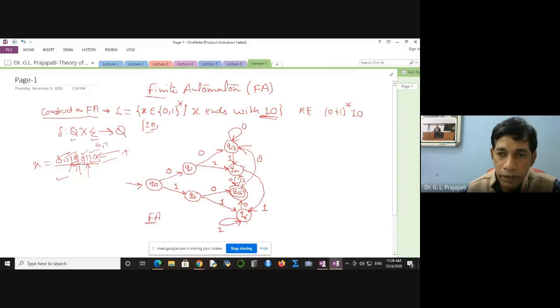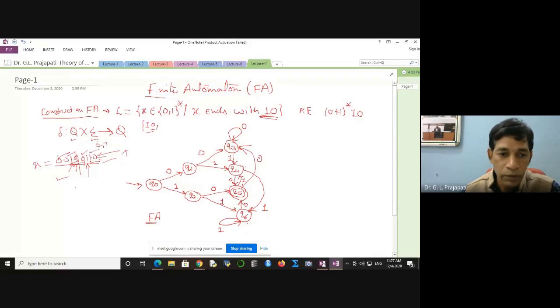Just like here, we have 10 at the end, and we have to ensure that every sentence that ends with 10 makes the machine go to the state Q5, because Q5 is the final state. Hence, if your machine is at a final state once the input is exhausted, we say that this is a string accepted by the machine.